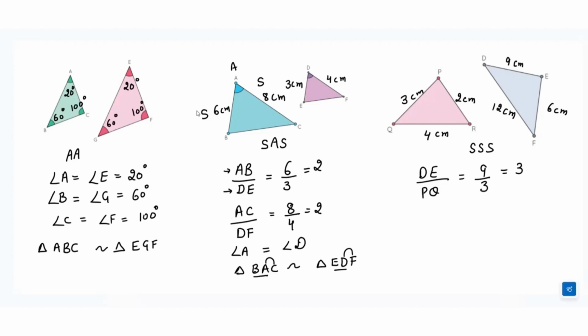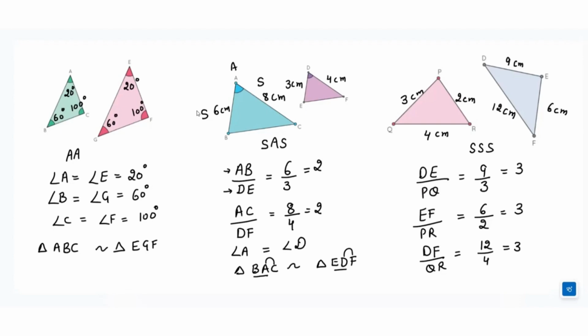Similarly, if I take EF over PR, it's 6 over 2, which is again equal to 3. Similarly, I will take DF over QR. It is equal to 12 over 4, which is again equal to 3. So you can see the ratio of all three corresponding sides is equal.